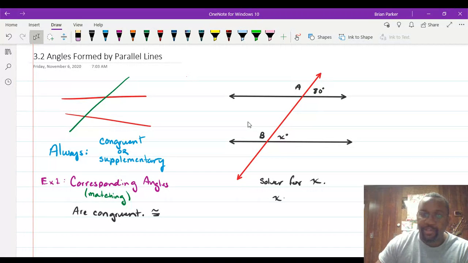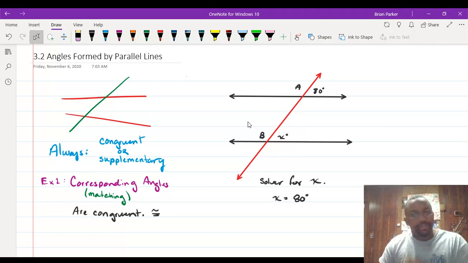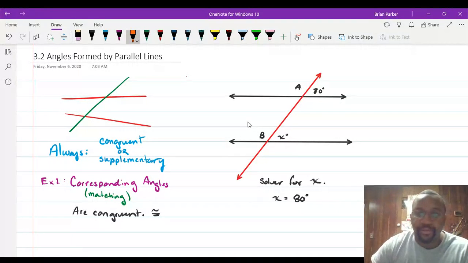X equals 80 degrees because, once again, corresponding angles are congruent. This angle here is exactly the same as this angle here.